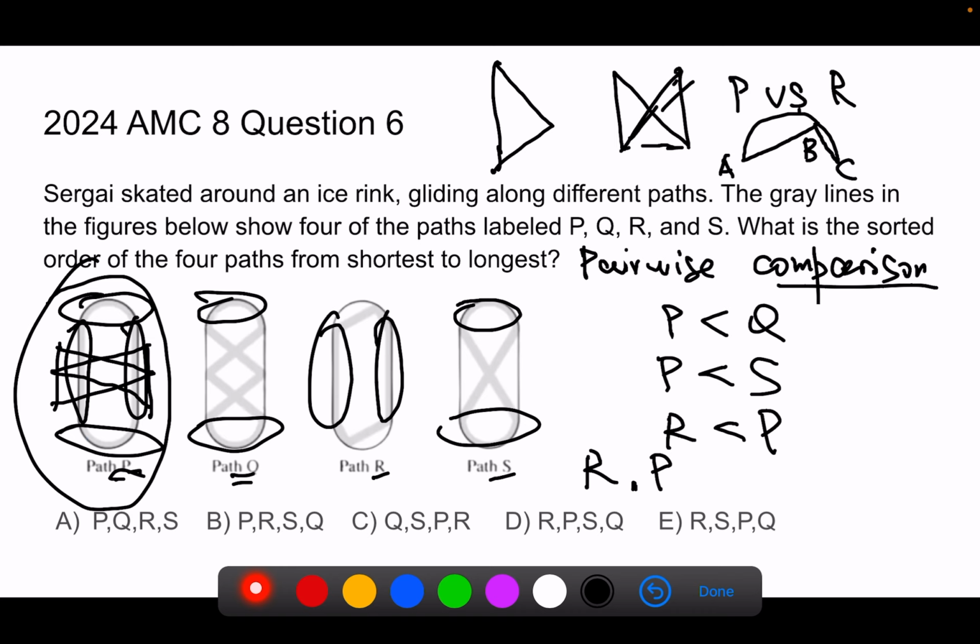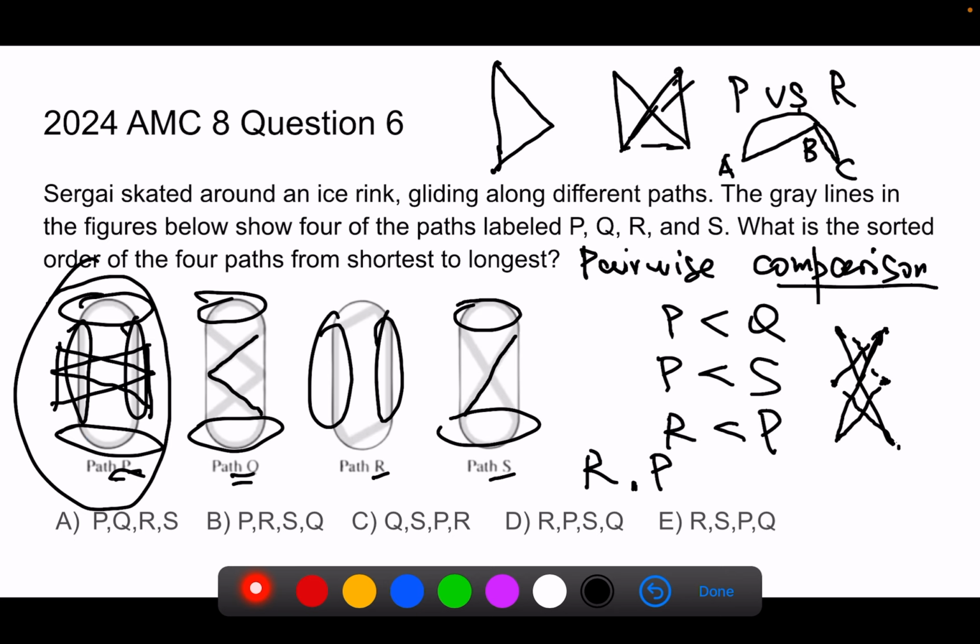So for S versus Q, what you're comparing is this X versus this zigzagging, which is like you have two points here, a dashed line, and this one. Again, let's try to simplify when possible. If you only take half of it, I only want to take this to compare with this.